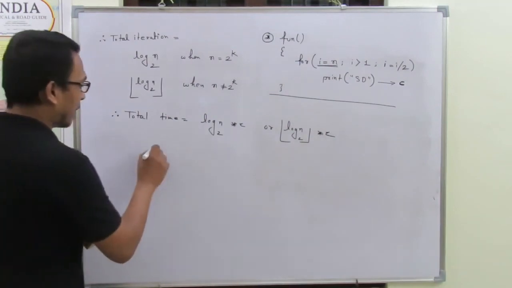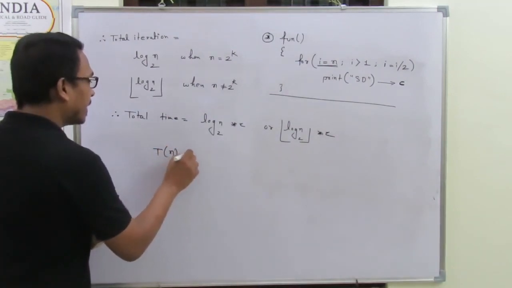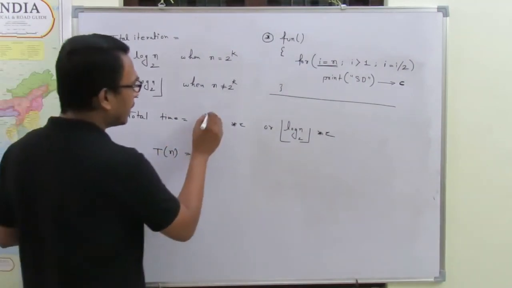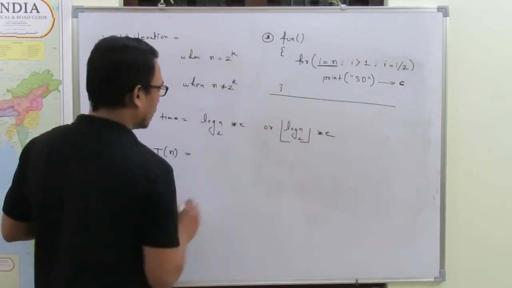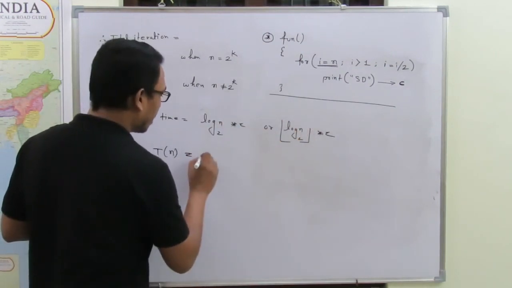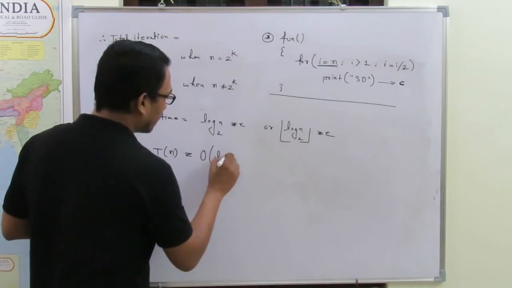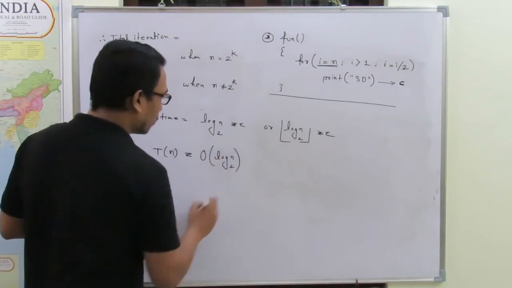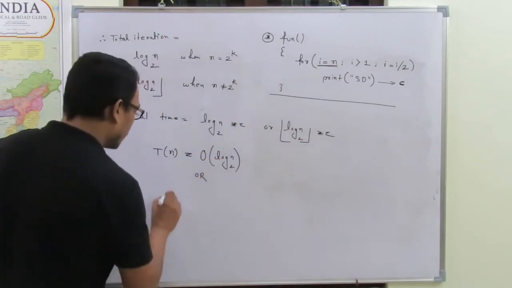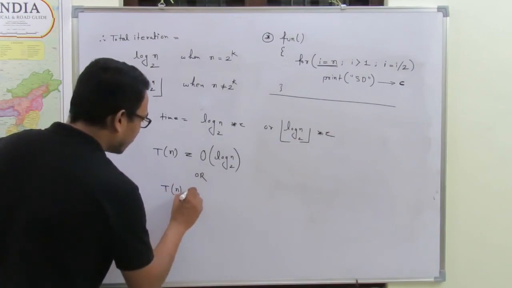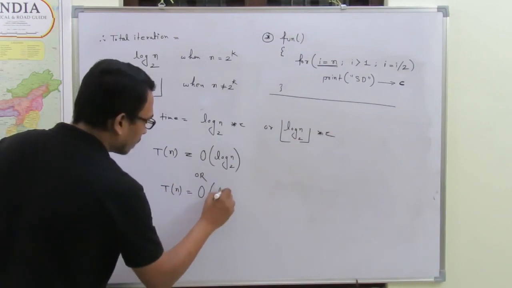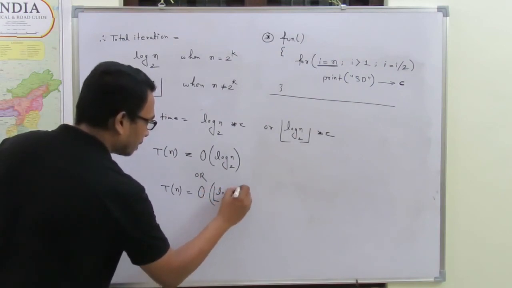Again, the time complexity will be either this one or this one. That means time complexity will be order of log n base 2, or order of log n base 2 floor. Clear?